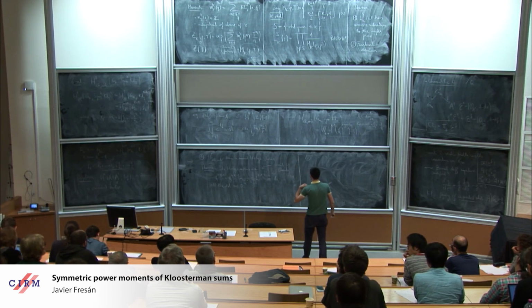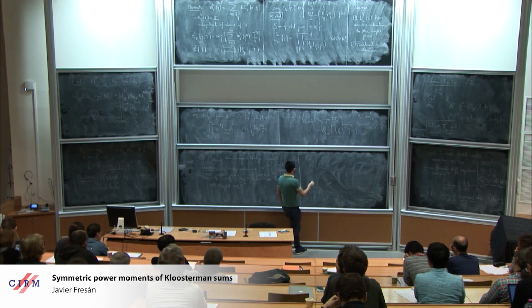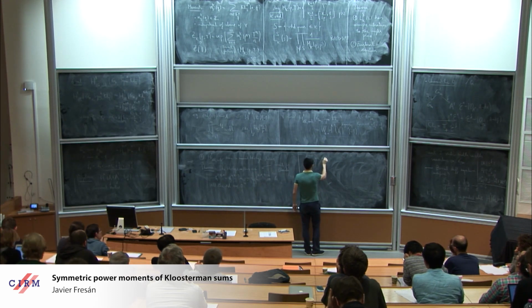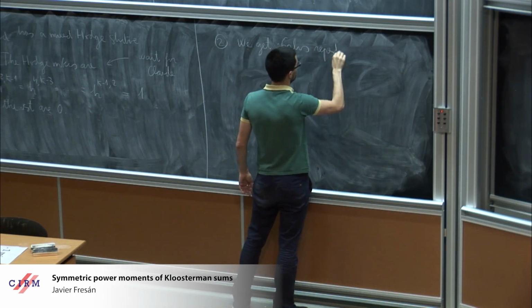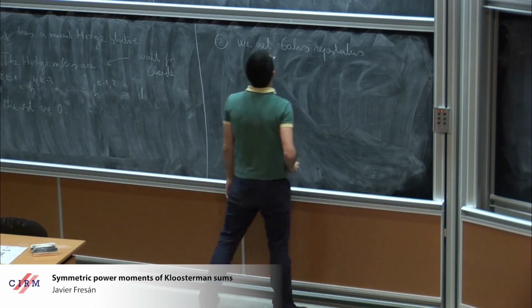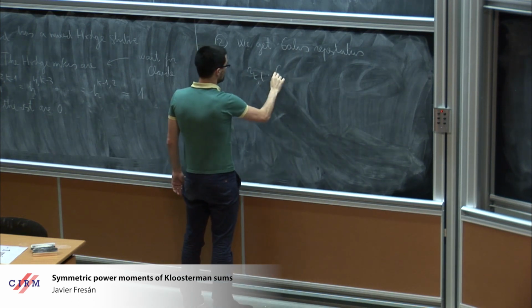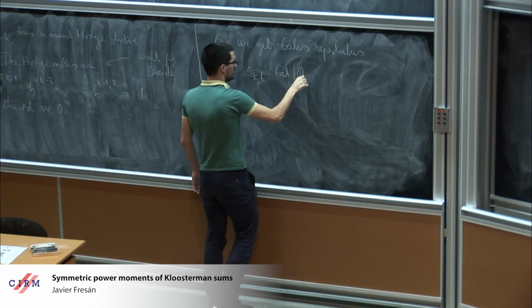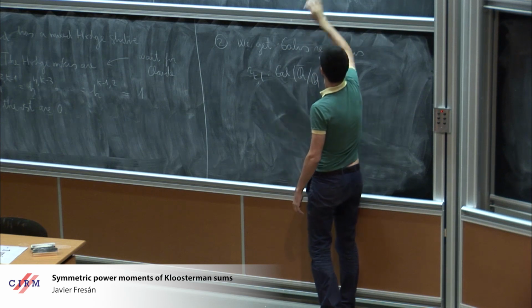Okay. The second consequence is that, well, we get Galois representations. So for each L and each K, there's a continuous L-adic representation here.